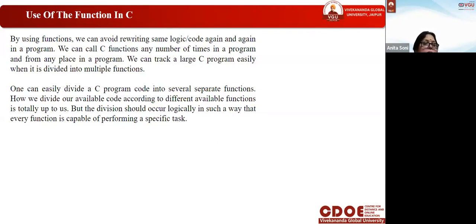Every function should be capable of performing some action. Basically, functions are made to perform a specific task or specific action. So it's up to you how you logically divide your code into separate functions.